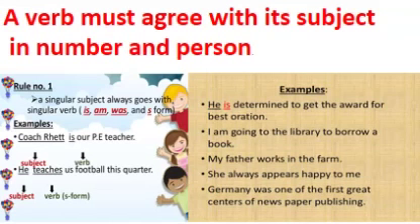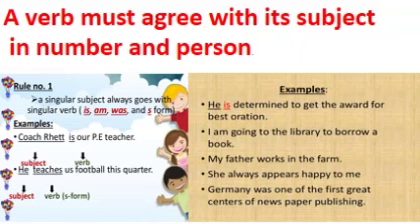So now I'm going to tell you what is subject verb agreement. A verb must agree with its subject in number and person. It means a verb should be used according to the subject. If the subject is singular, then the verb will also be used as singular.